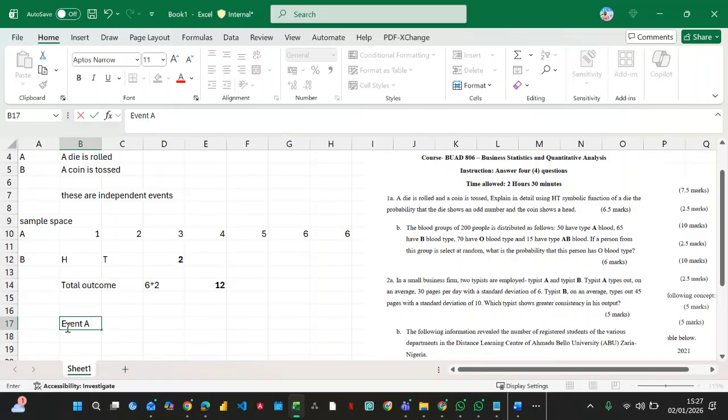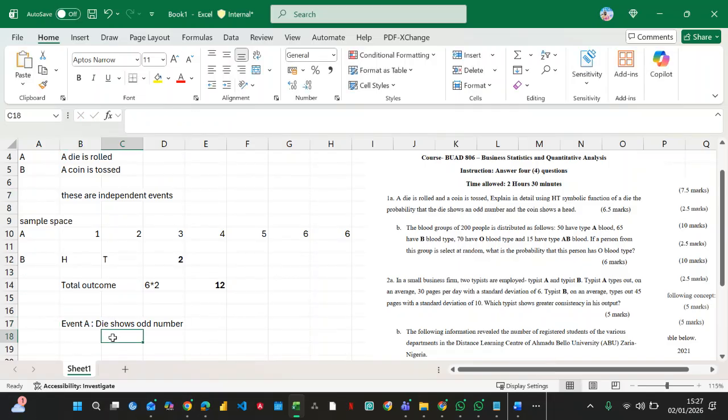So the answer is going to be: we are looking at event A, and let me just say the die shows an odd number.